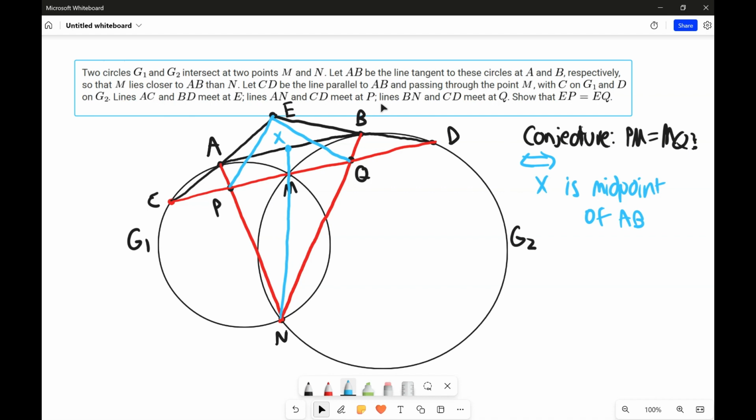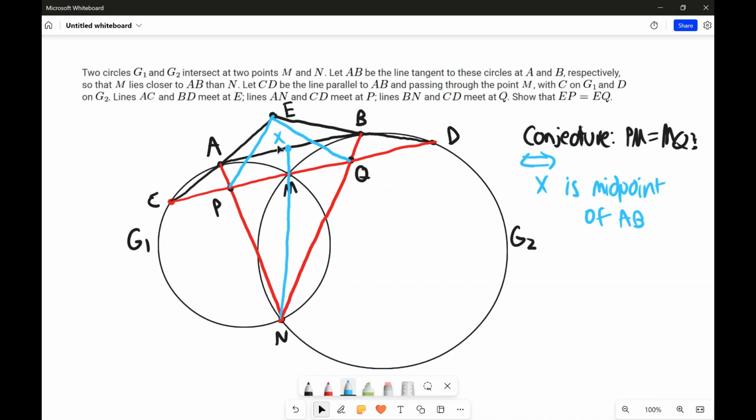Well, we have lengths and circles. So the best thing to do whenever we have lengths and circles is to try power of a point. And because we want to prove that AX is equal to XB, it seems natural to try using power of a point at point X. So if we use power of a point, we get XA squared, because XA is tangent, is equal to XM times XN.